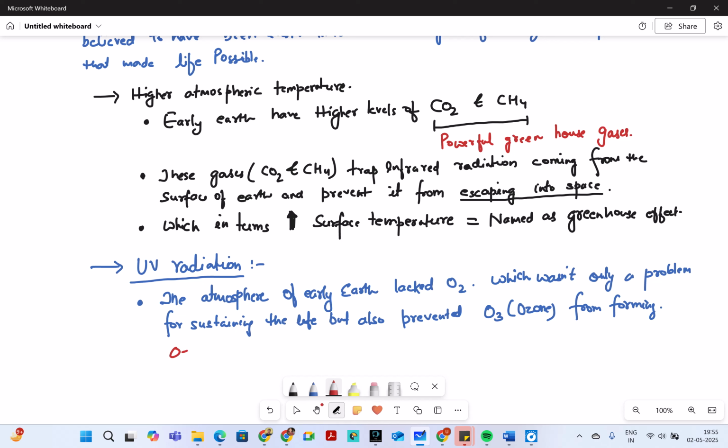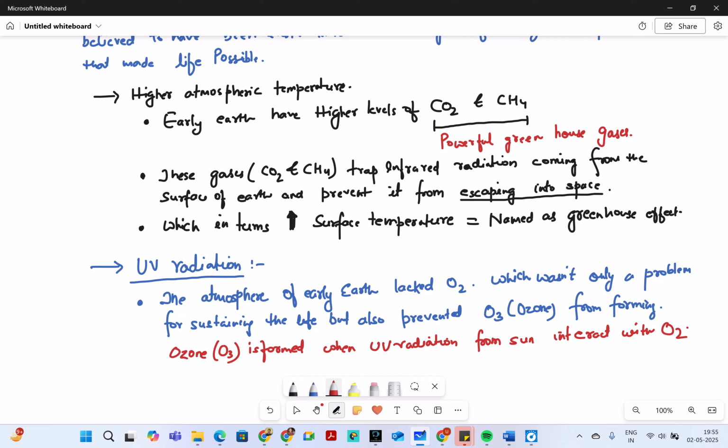So you can say that ozone, that means O3, is formed when UV radiation from the sun interacts with oxygen molecules.